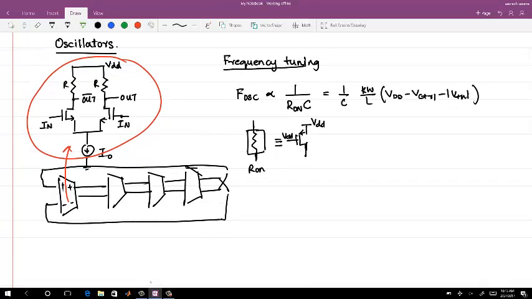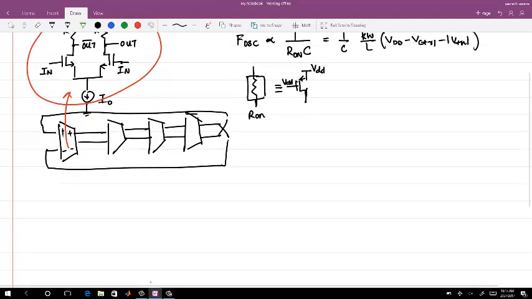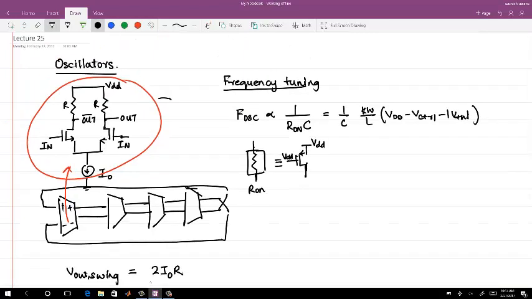So in the last class we saw this, and the output swing peak is 2 times I naught into R, because here the output swings are somewhat bad. One node goes to VDD, another goes to VDD minus I naught times R on.